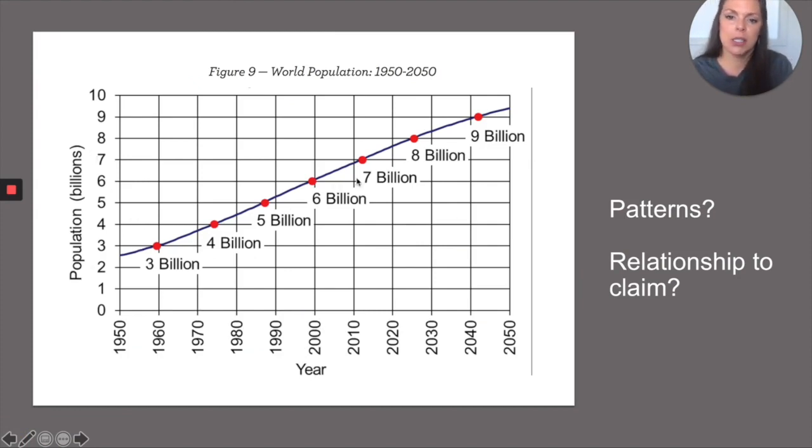So you can look at this data here, and you want to think about what patterns do you see. We definitely see an increase over time. What relationship does that have to the claim that we made? So remember, we said that our claim is that global temperatures are being affected by natural and human influences.